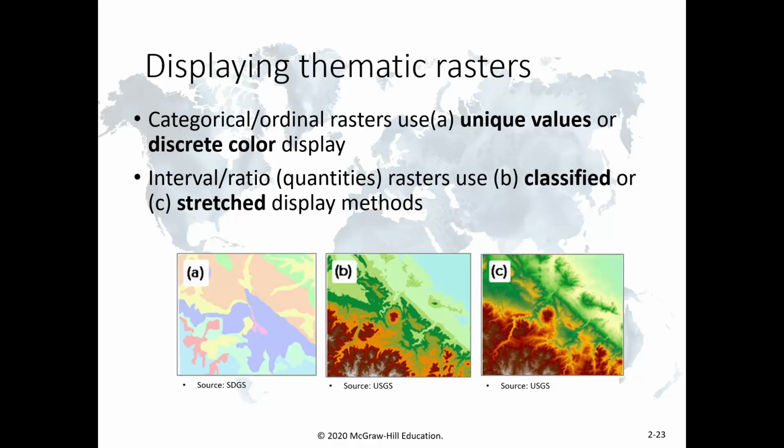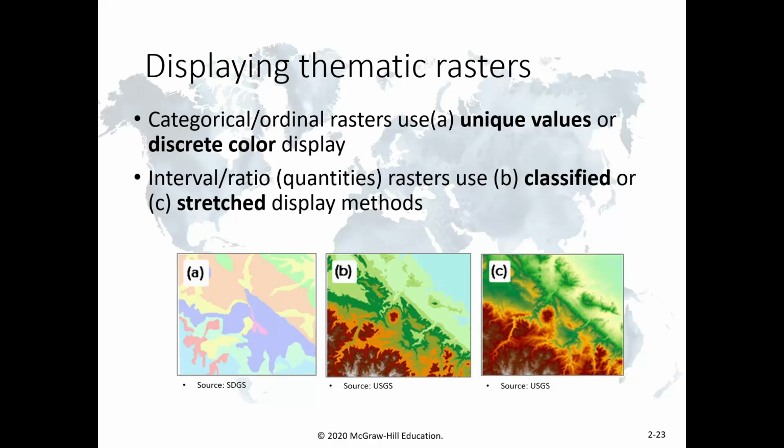The color scheme for unique value maps has 32 possible values and works best with data that have relatively few categories. And that's why it looks like the amount of data represented here is less detailed than the other two. The classified or stretched display methods basically divide the color values into a smaller number of bins, which then allows them to assign a color ramp to each of those chosen bins.